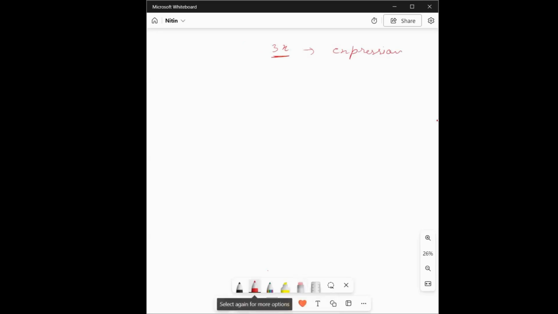Until and unless we equate this expression to something, like here I have written P equals 3x, now I equate 3x equal to P, now it becomes an equation. When we equate an expression to something, it becomes an equation. Today we'll talk about expressions, not equations.